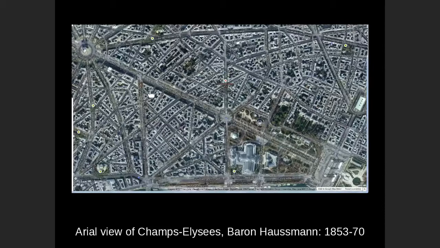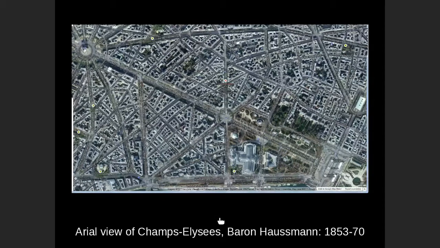You can see from these that the Arc de Triomphe and this place right here are almost like the hub of a wheel with spokes radiating out straight to other hubs. There's one near the lower left and sort of center left that also create hubs for spokes of wheels that extend out. And even slightly curved, as we see on the left side, still provides a relatively straight, more easily traversed street.